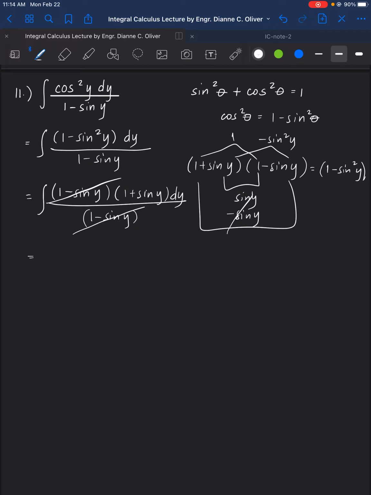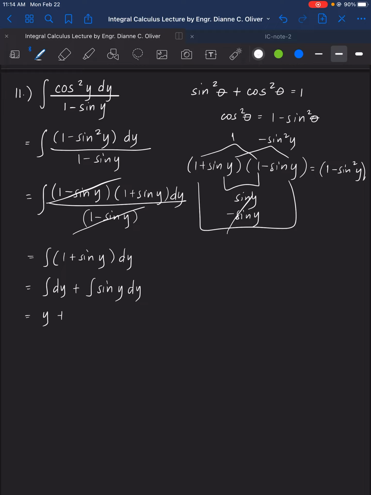And what's left here is 1 plus sine y dy. Distribute this. We have integral of dy plus integral of sine y dy. So for this portion here, this is integral of dy. We have already solved this as y.